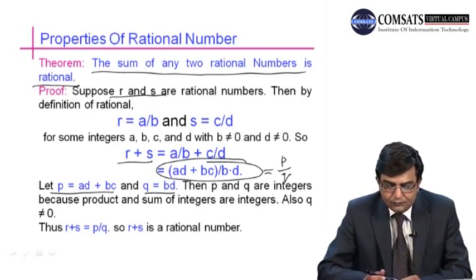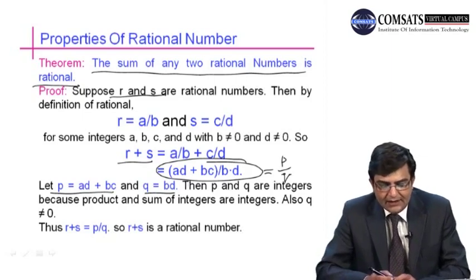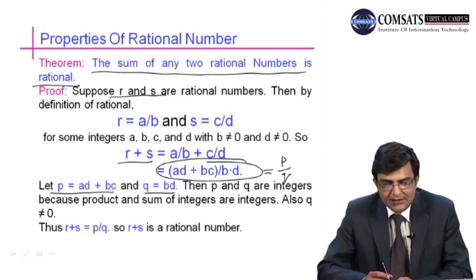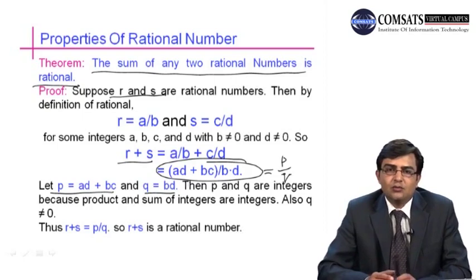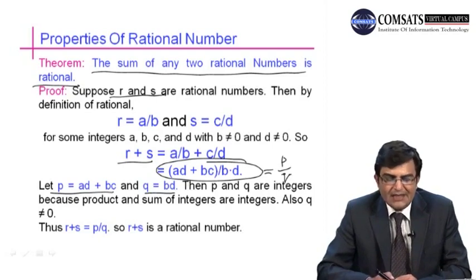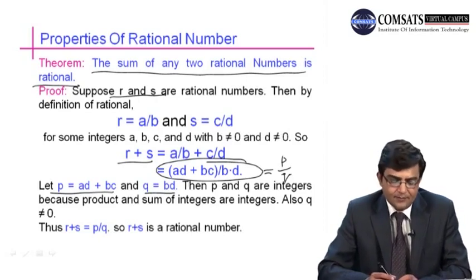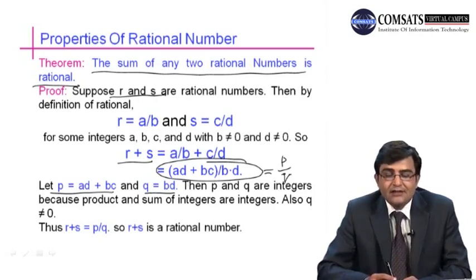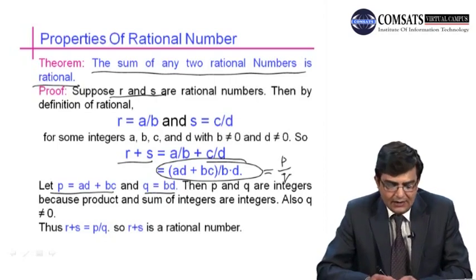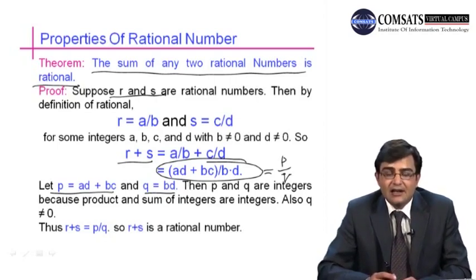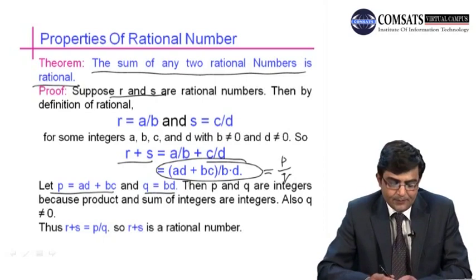Now it is sufficient to prove that P is an integer, Q is an integer, and Q is not equal to 0. Now P is basically AD plus BC, where A is an integer, D is an integer. If we have two integers, then the product of two integers is also an integer, and B is an integer, C is an integer, and the product of two integers is also an integer. We also know that the sum of two integers is again an integer.